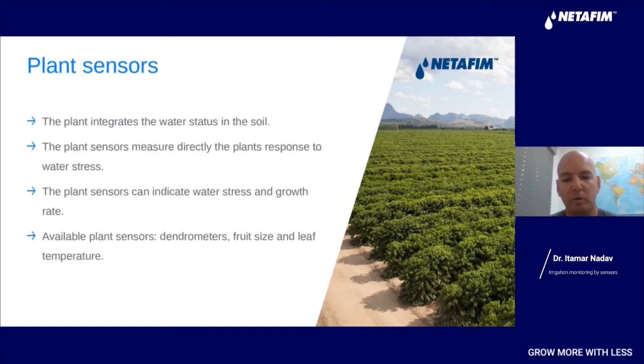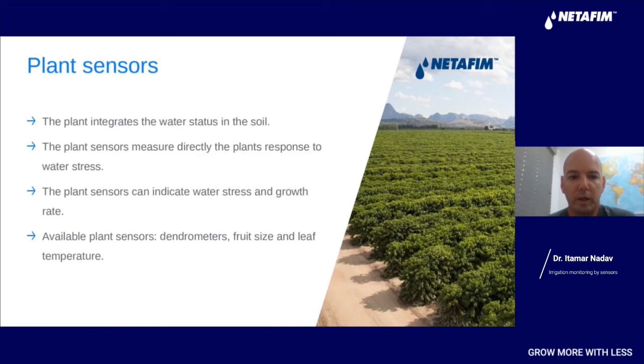So let's move on to the other family of sensors, which is the plant sensors. Plant sensors actually integrate the water status in the soil and measure what the plant feels. The plant sensor measures the plant response to water.